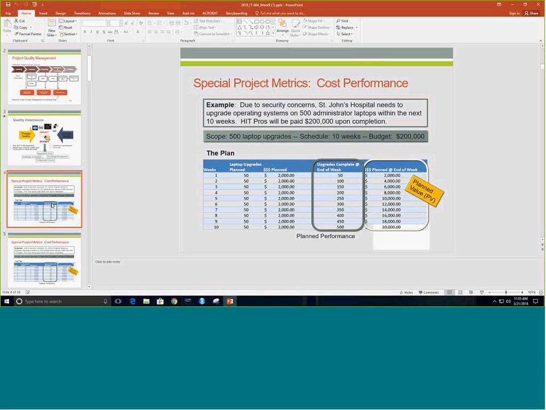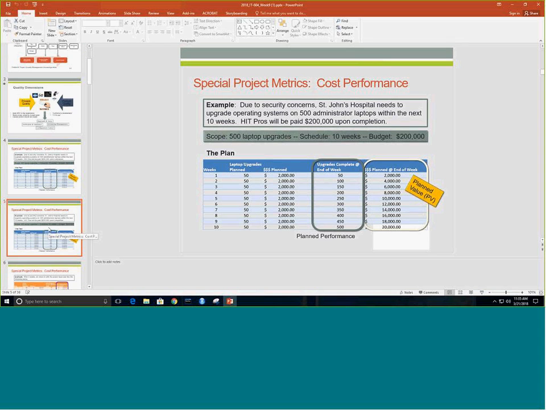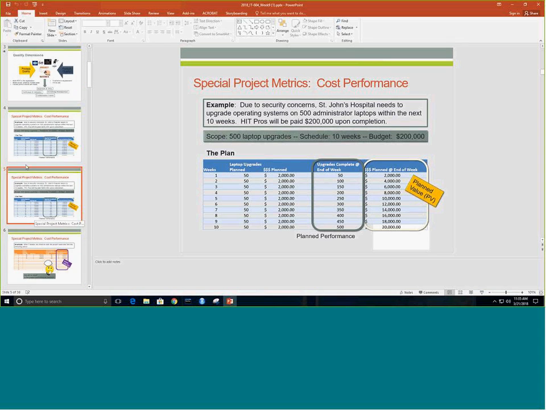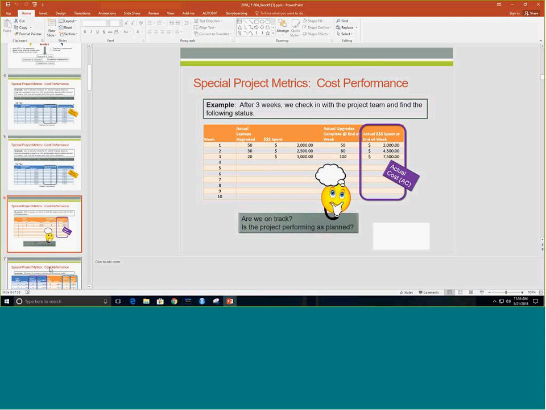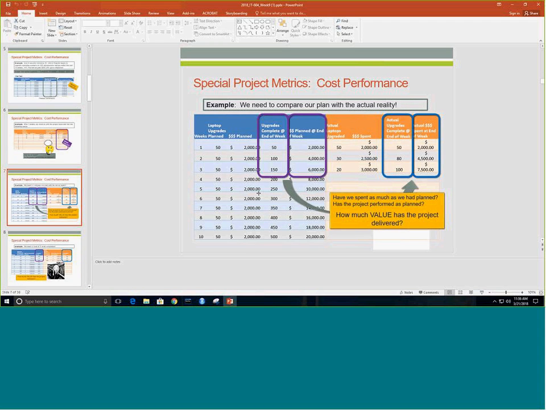How that is calculated is here again, where we measure the planned performance with the planned value cost. We can compare the planned values, that planned expenses, to the actual cost that we have incurred.